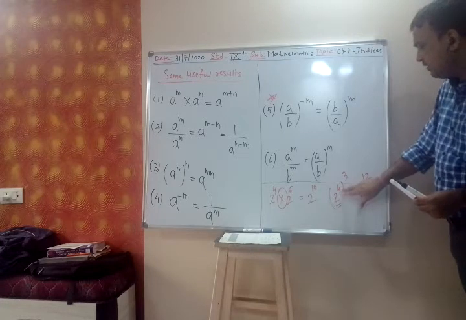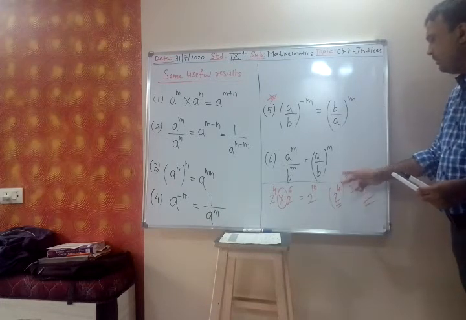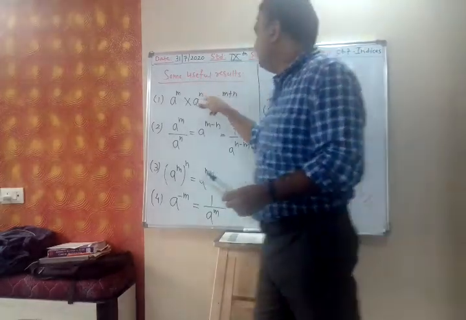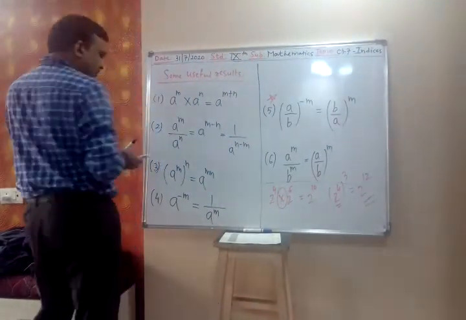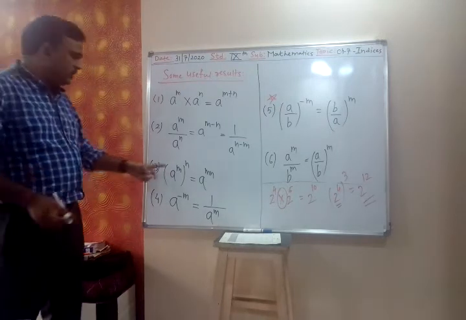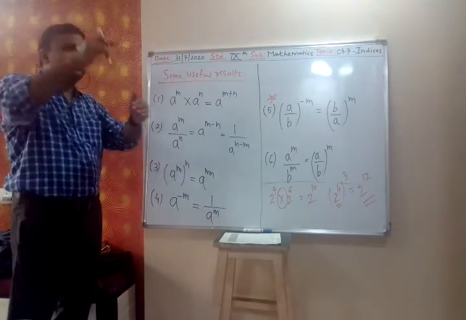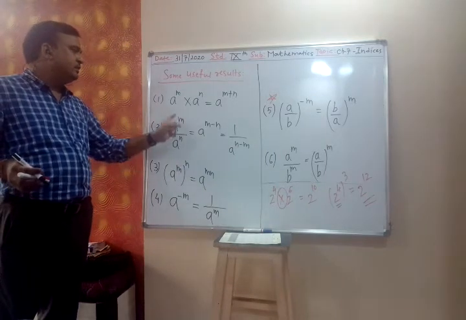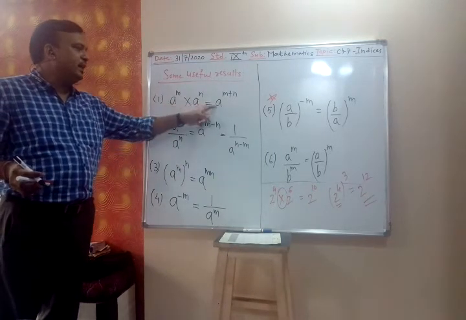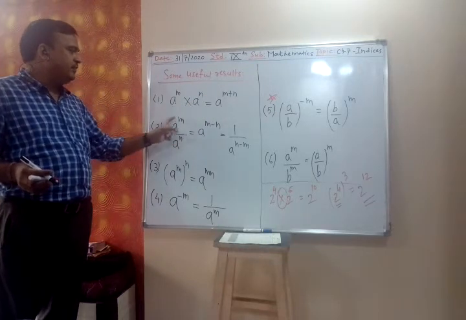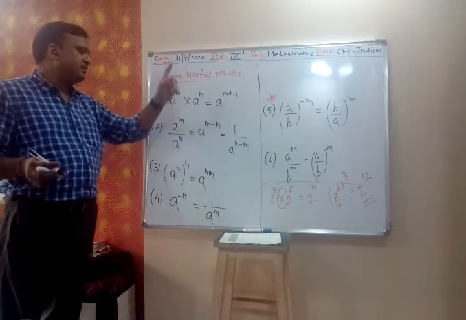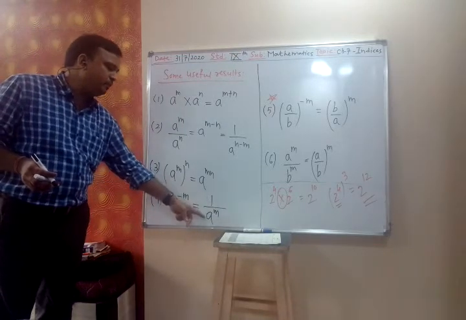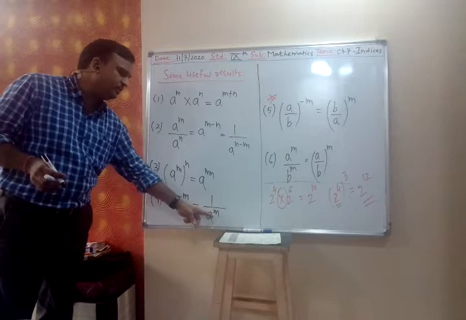So whenever it is power raised to power, we multiply the powers. Clear? Third one, power raised to power, we multiply the powers. Power into power, add the power. Power divided by power, subtract the power. And whenever the power is negative, we can take the reciprocal and the power becomes positive.